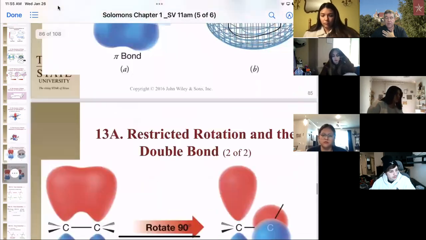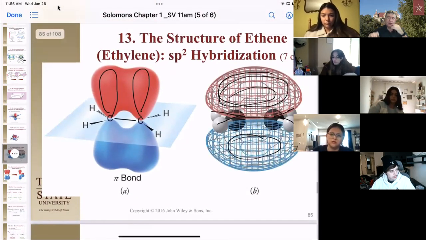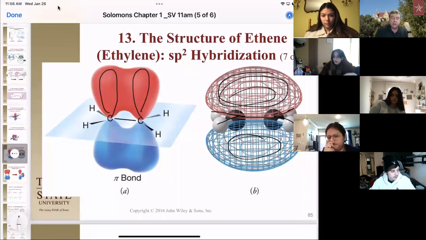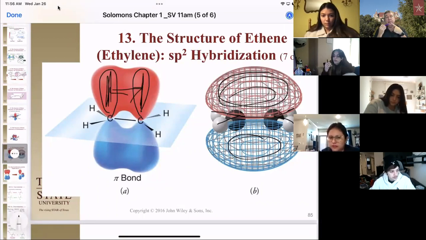Okay, so if there's those electrons above and below, and we have to have these p's kind of right next to each other, kind of lined up so that we can share, what does that mean? That means that we can't rotate around a double bond because we'd have to take a p orbital and rotate it out of plane with another p orbital.